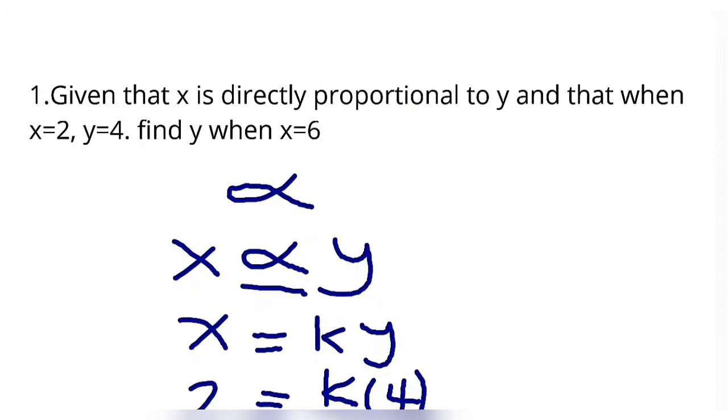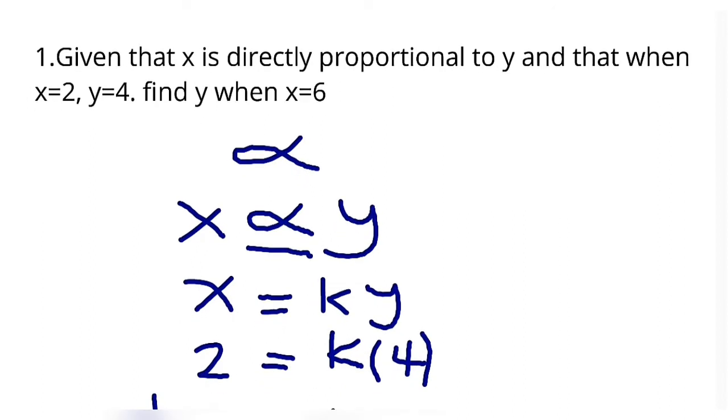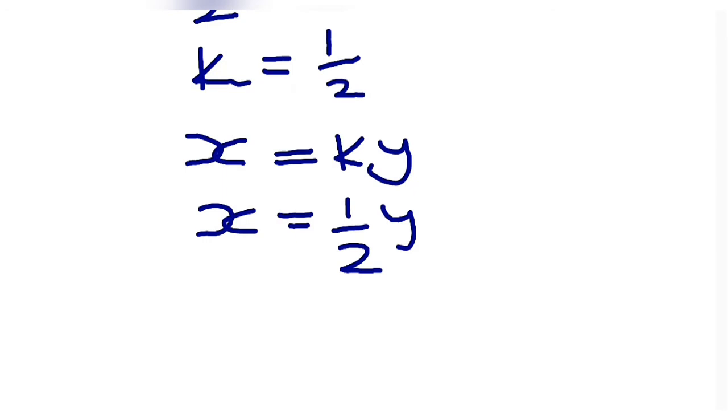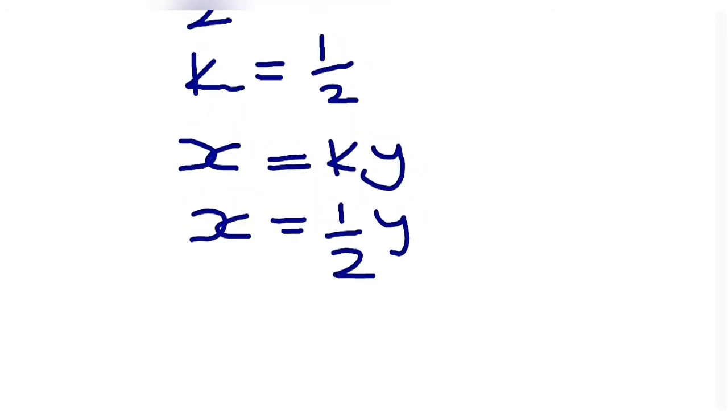So what is the question saying? The question is saying that we find the value of y when x equals 6. So we want the value of y when x equals 6. Where there is x, we are going to put 6 so that we can get y. So we put 6 equals 1 over 2 multiplied by y.